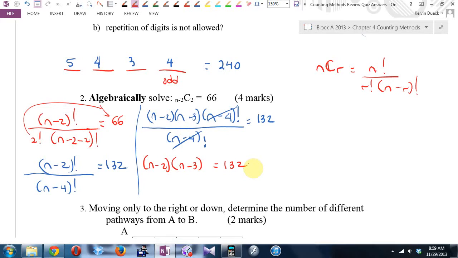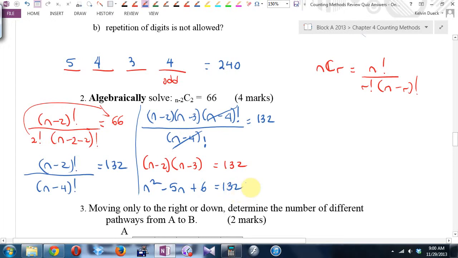I want to FOIL this out and get rid of brackets. I've got to get rid of brackets now, because to solve a quadratic, I have to make it equal to 0, and right now it's equal to 132. So my next line is n squared minus 5n plus 6.